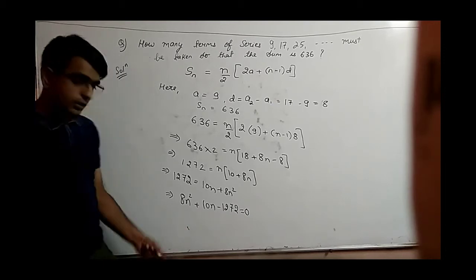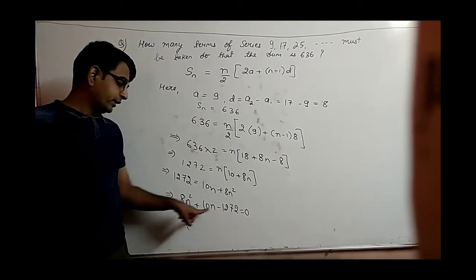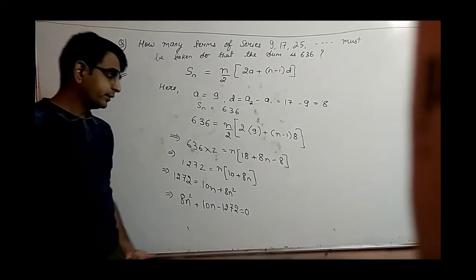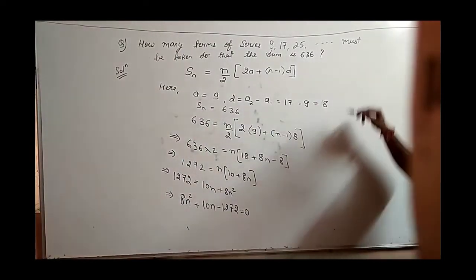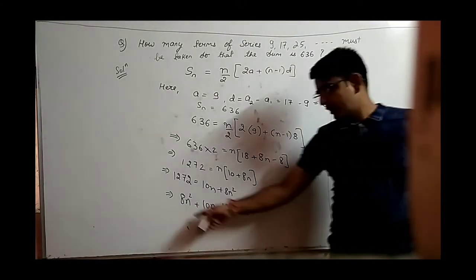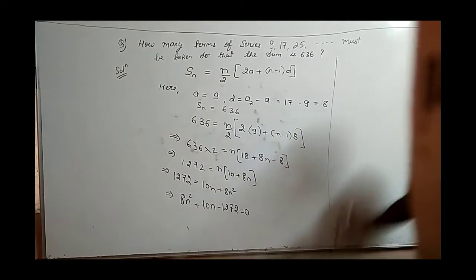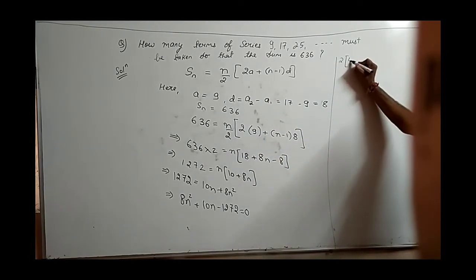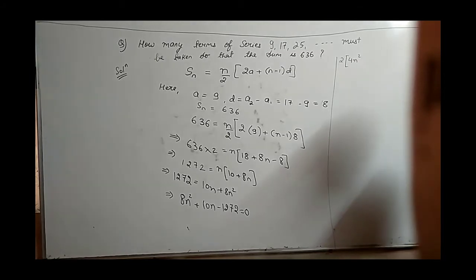Now see, we are getting a quadratic equation in terms of n, so we need to solve it. Okay, what I am doing, I am taking just 2 common, so that my equation can become easy.